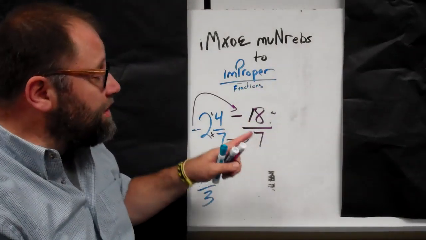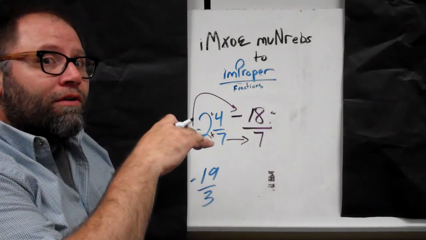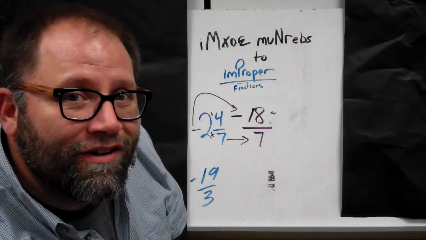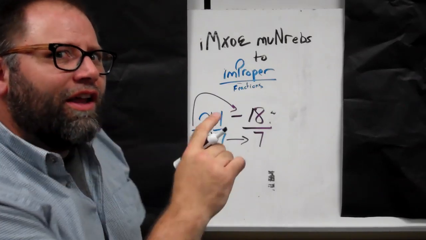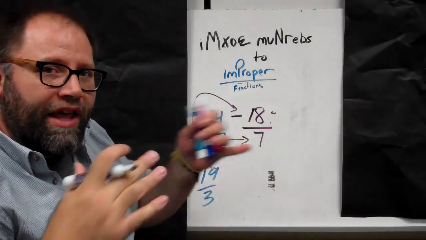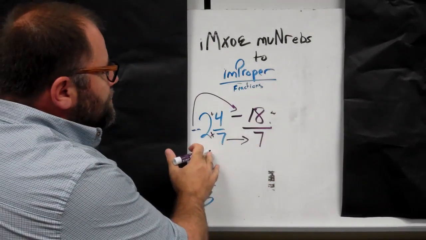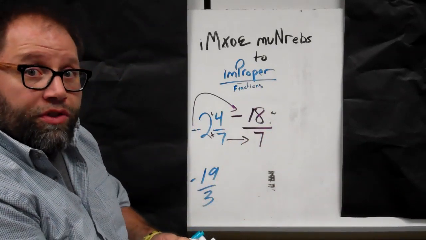And just like Mrs. Perdue said, make sure you're applying that sign only in the numerator. Keep your signs in the numerator, leave your denominators plain. So negative 2 and 4 sevenths becomes negative 18 sevenths with the negative on the numerator.